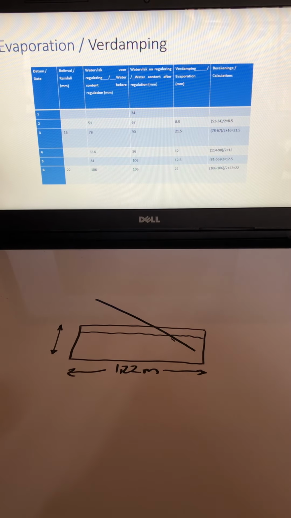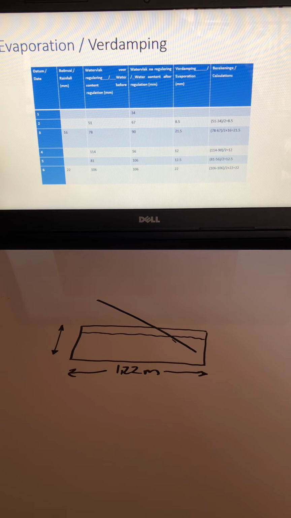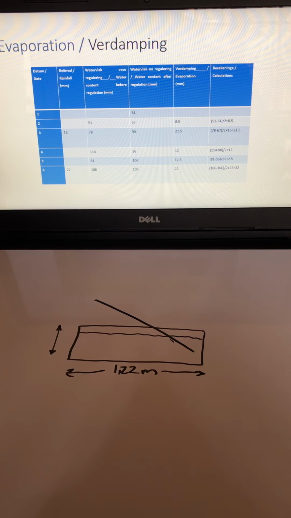So every morning at 8, roughly, you'll take a measurement, and then the next morning you'll take another measurement. And then after 24 hours, when you have a difference in value between the two measurements, you can calculate how much your evaporation is.